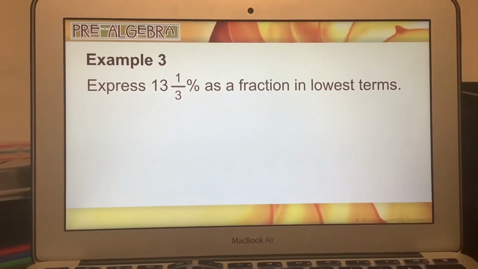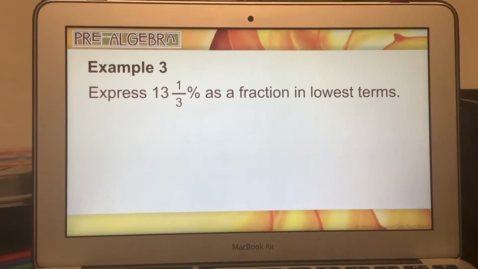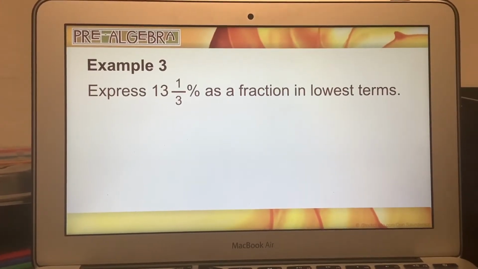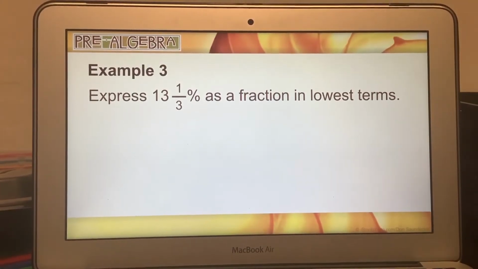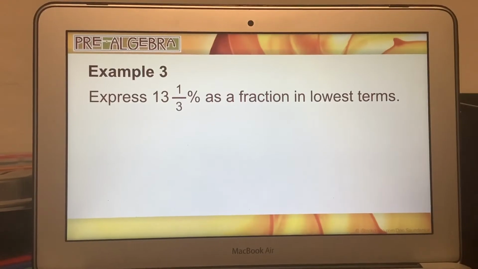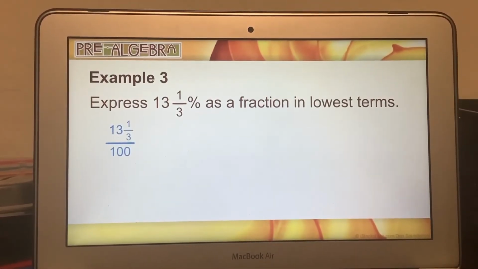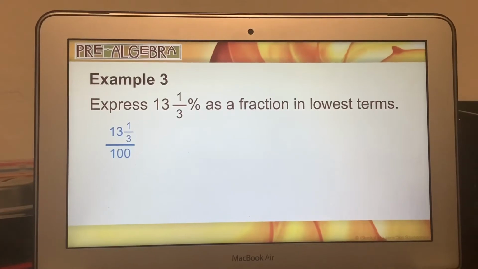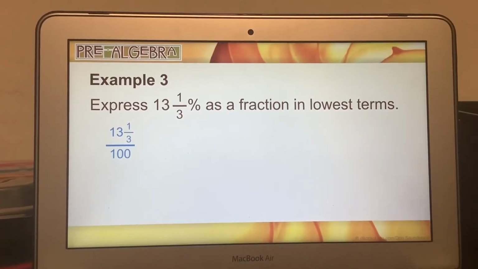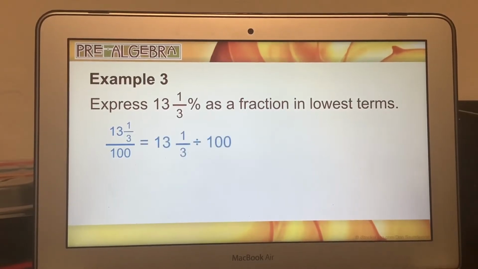All right, let's take a look here now. 13 1/3% as a fraction in the lowest terms. So 13 1/3%. First, I have to rewrite that into a fraction over 100. Then I have to convert 13 1/3, which is a mixed number, into an improper fraction.